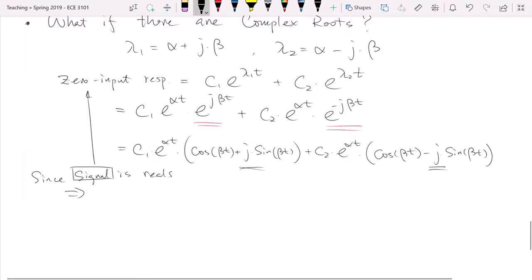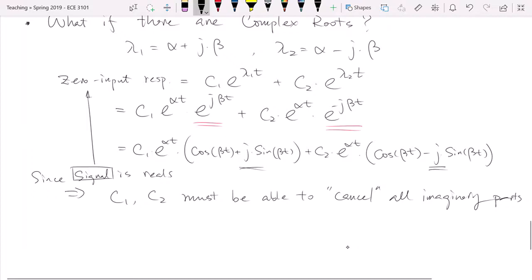Since they must be real, right? C1, C2 must be able to, quote unquote, cancel all the imaginary parts. Okay.